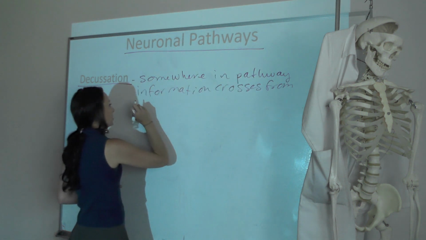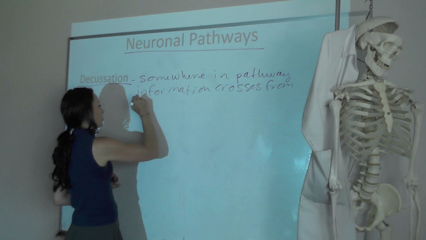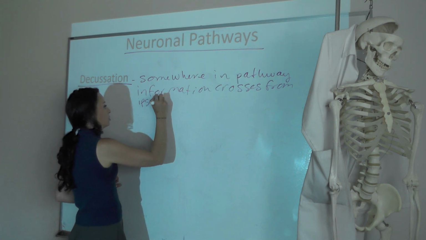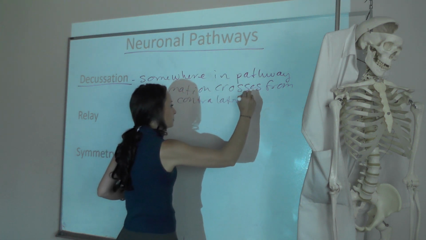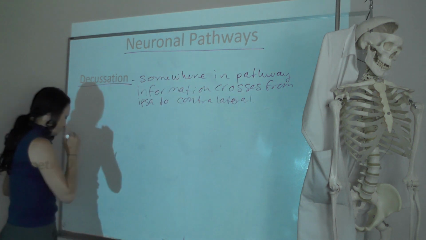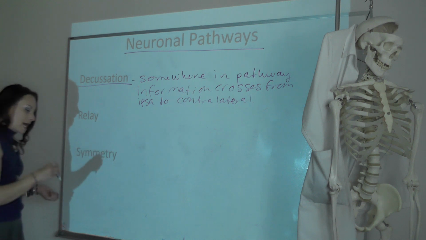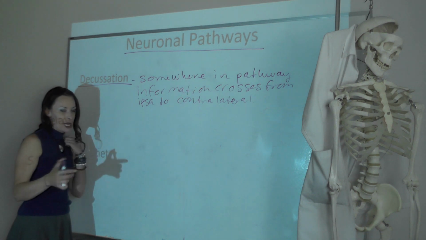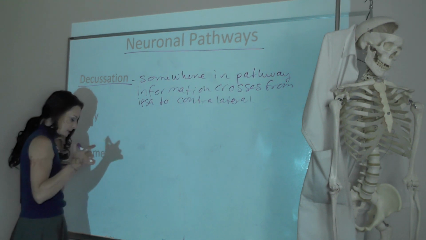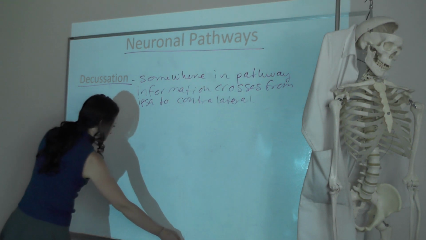So I'll say somewhere in the pathway, information crosses from ipsilateral to contralateral. Okay. That might happen at the level of the spinal cord that the information is coming in at, or it might happen in the brainstem. It depends on which type of sensory receptor you're activating.